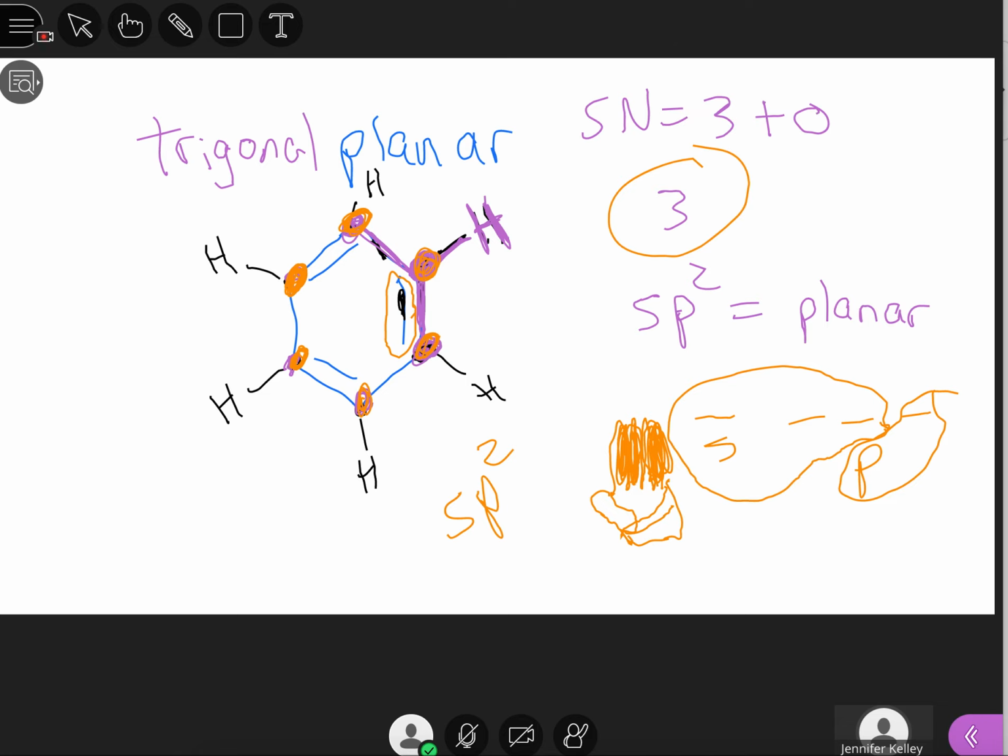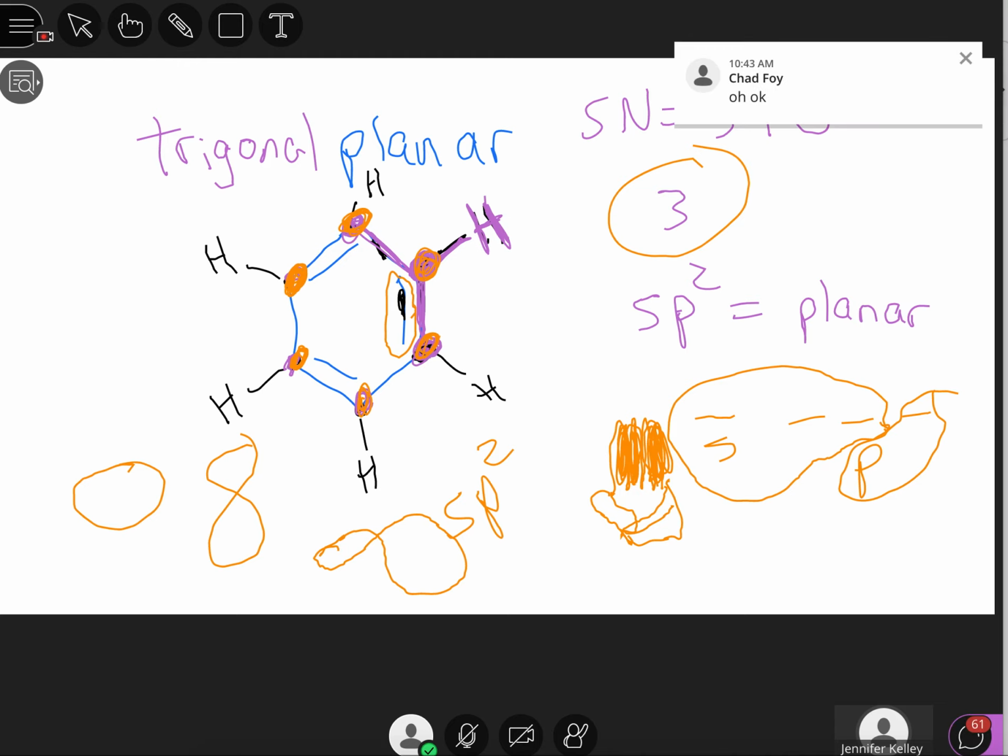What that means to combine them is, instead of having an s orbital, which is spherical, or having a p orbital, which looks like a figure 8, you have more of a rounded figure 8. So sort of a mixture between the two of them. And that would be a hybrid.